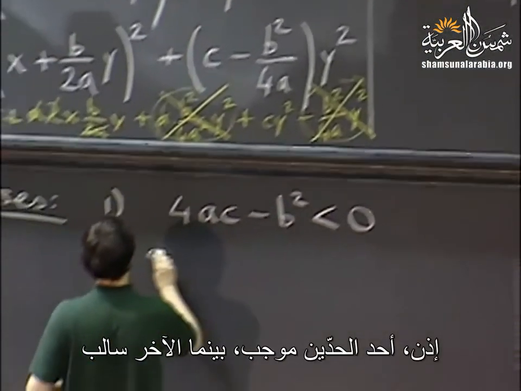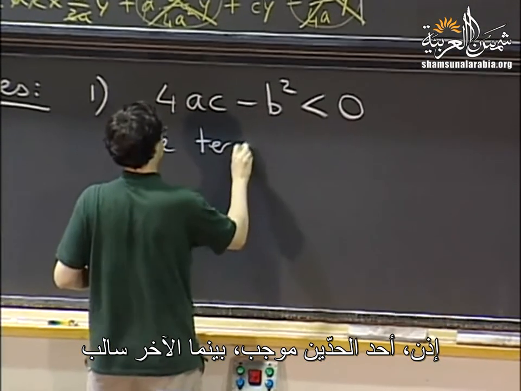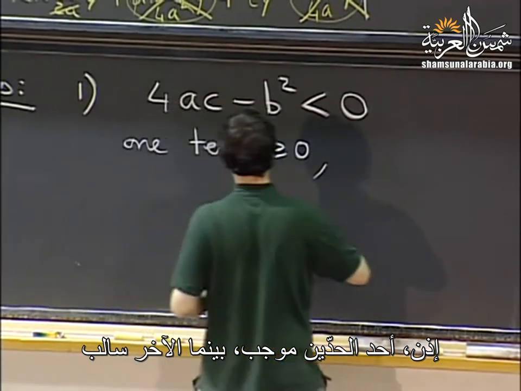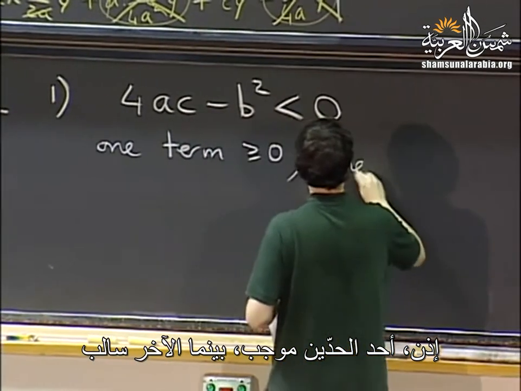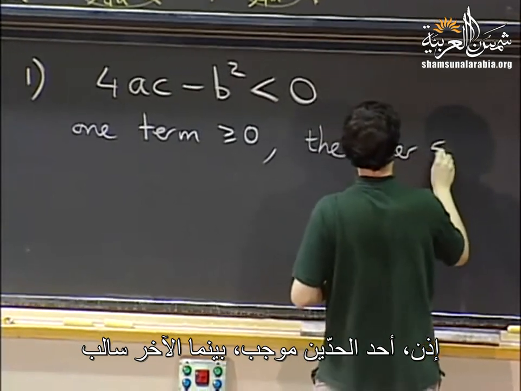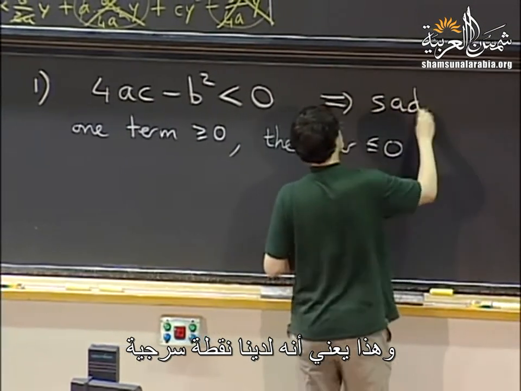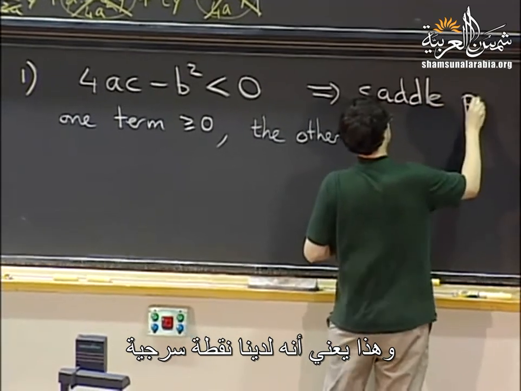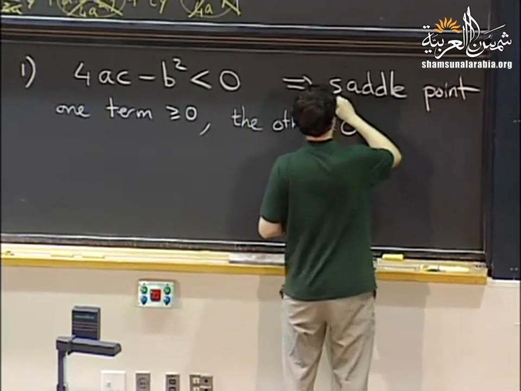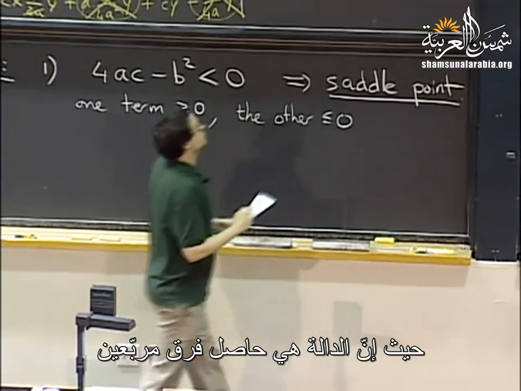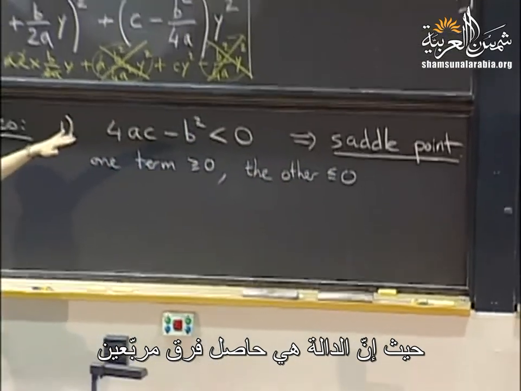Okay, so one term is positive, the other is negative. That tells us we actually have a saddle point. We've in fact written our function as a difference of two squares.